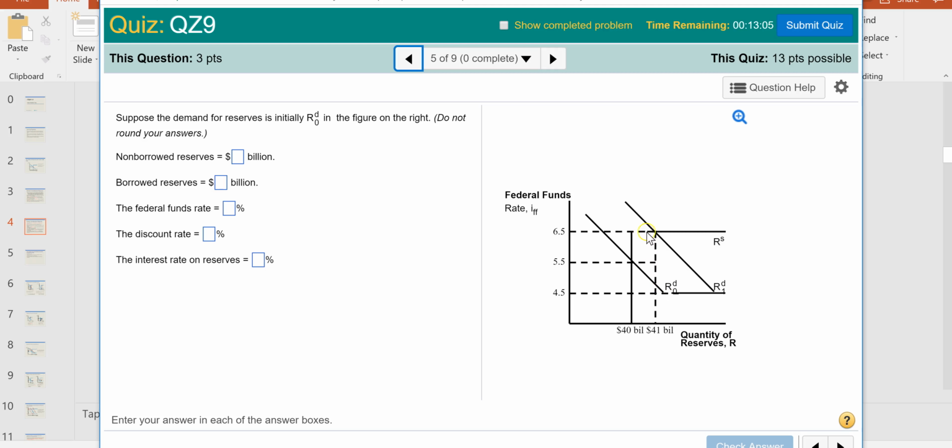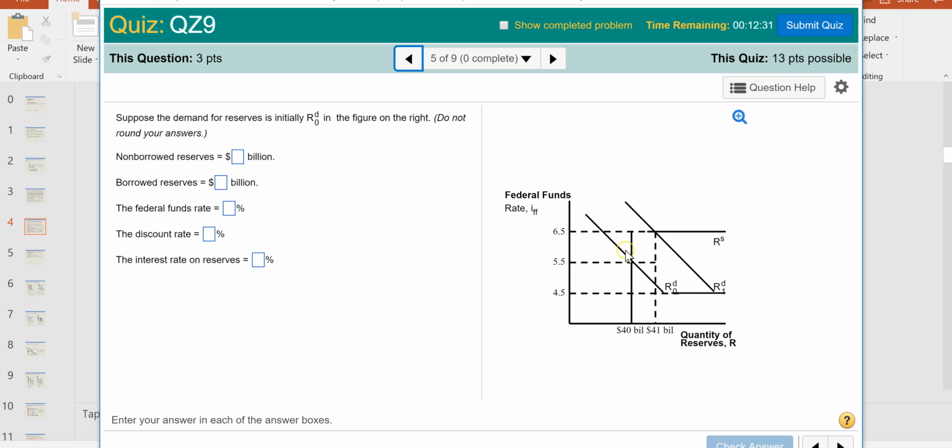The horizontal part of the supply curve is the discount rate at which banks can borrow from the Fed. The intersection of the supply curve and the demand curve is the federal funds rate. As long as we understand these basic parameters, this question should be very straightforward.